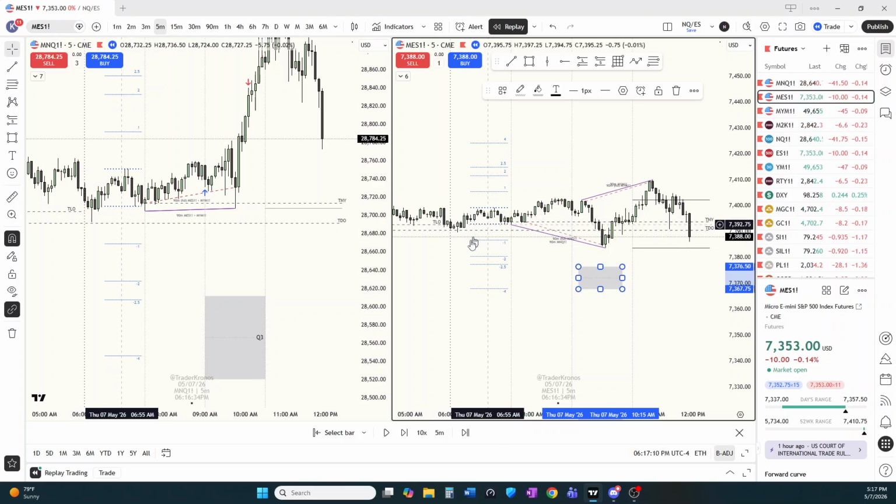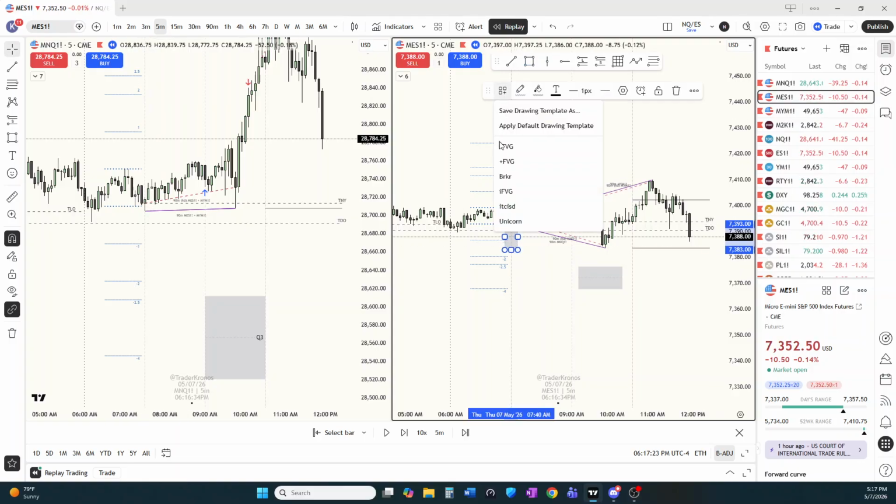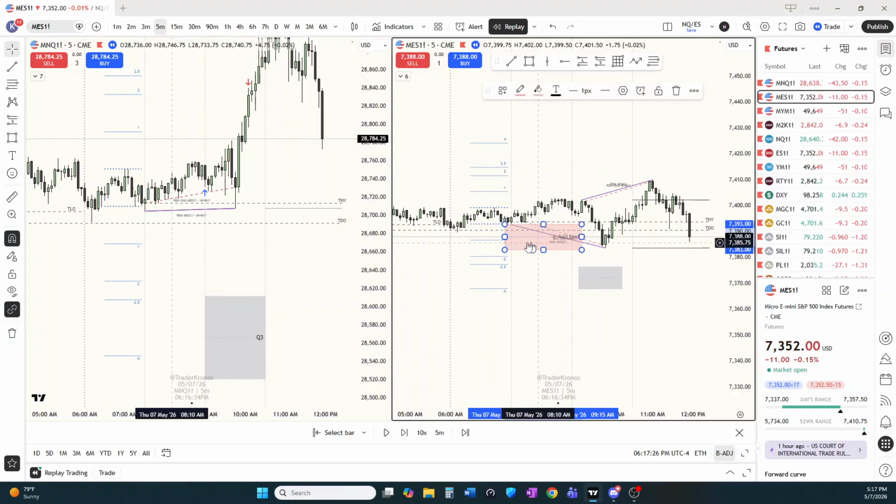Typically in quarter 1, you manipulate the 0 to 1.5. You manipulate it here in this zone, then expand away.